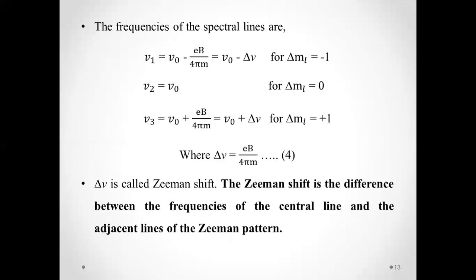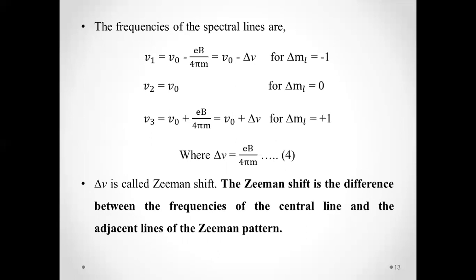These frequencies are nu1 equals nu naught minus eB divided by 4 pi m, which can be written as nu naught minus delta mu for delta ML equals minus 1.